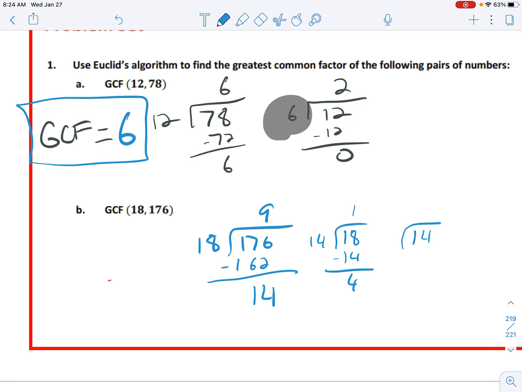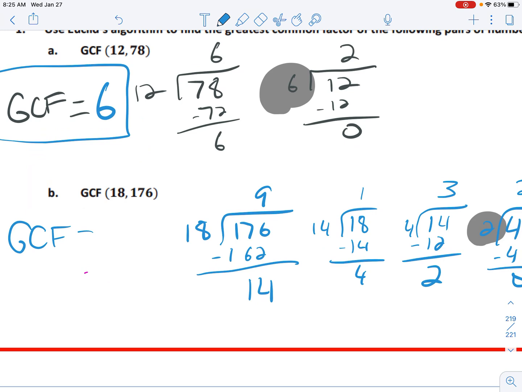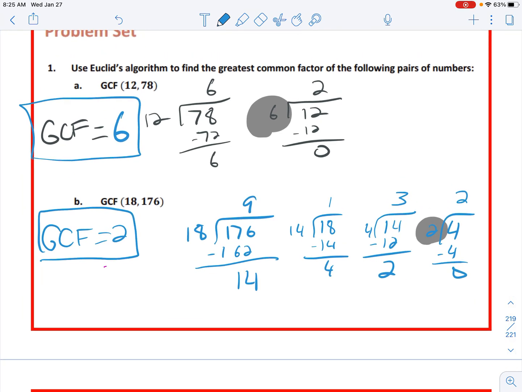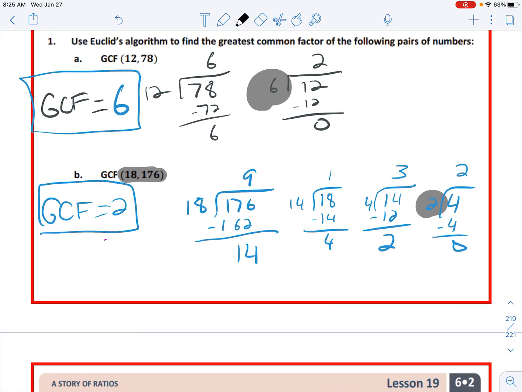Then I have 14 divided by 4. That is 3. We subtract that, and we get 2. And 4 divided by 2 equals 2 with no remainder. The final divisor is 2. That is our greatest common factor. So the greatest common factor of 18 and 176 equals 2. And that means the only thing these two numbers had in common is that they're even.